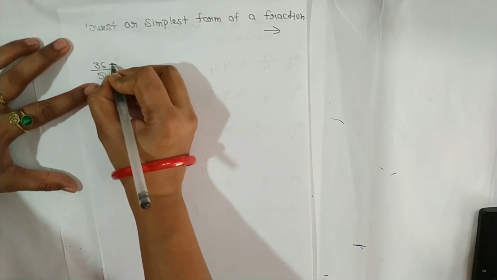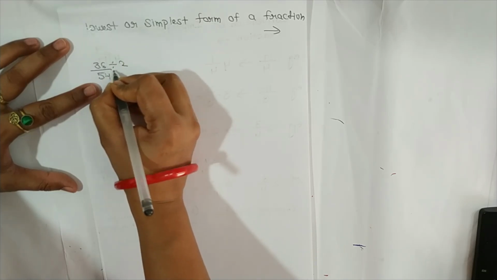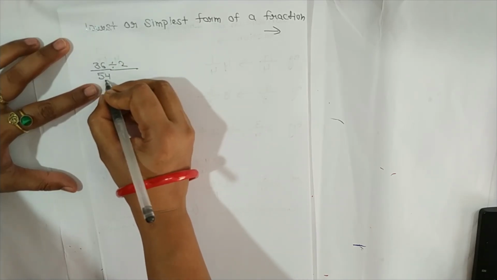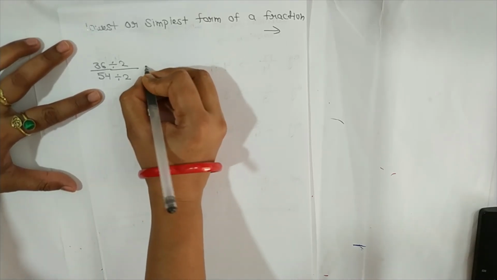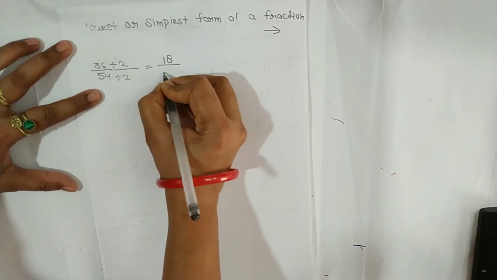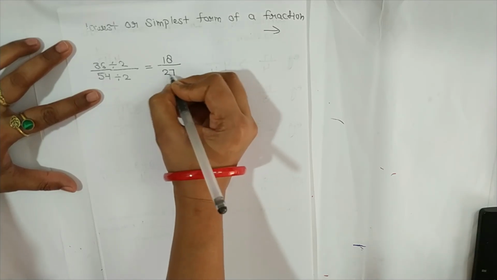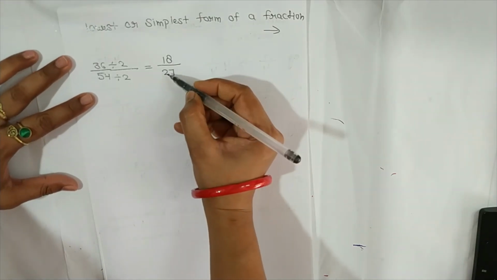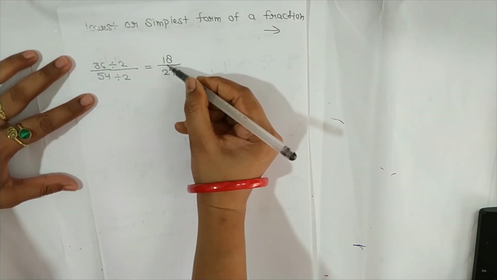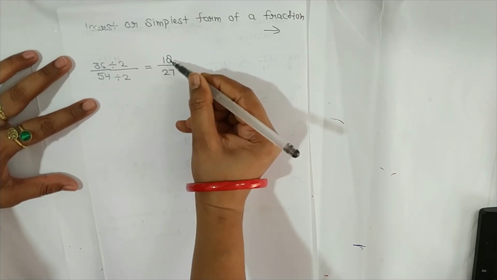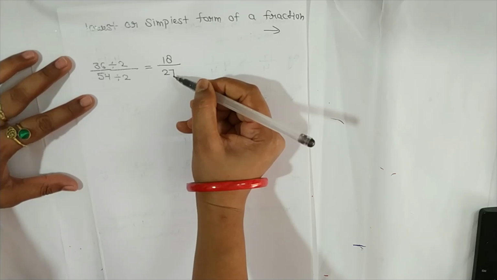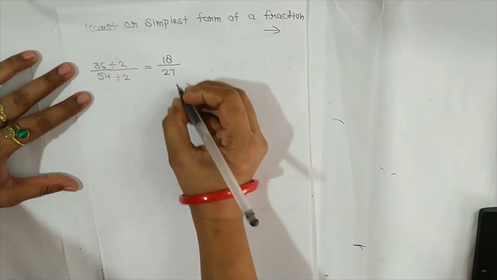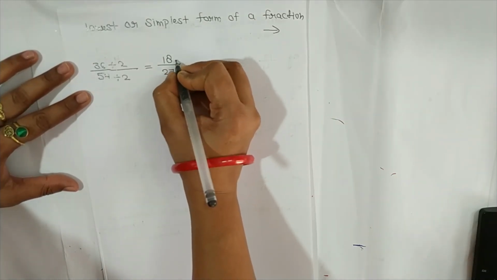Yes, 36 is divisible by 2 as well as 54 is also divisible by 2. Okay. So the answer is 18 upon 27. Now again we have to find the smallest number that divides 18 as well as 27. So yes, this is 3.